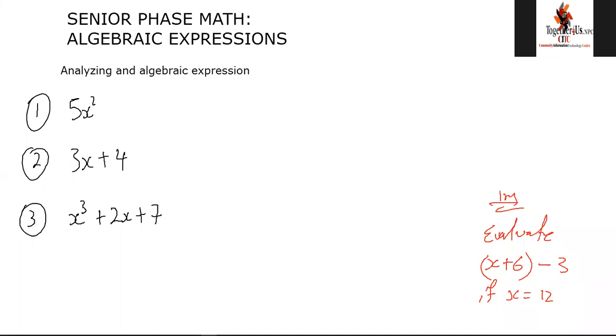Okay, in the previous lessons, we learned about algebraic language, the words that we used, and we learned that actually an algebraic expression is just a way of using symbols to describe a process of words.